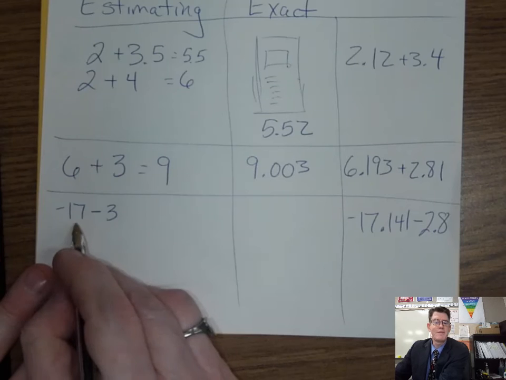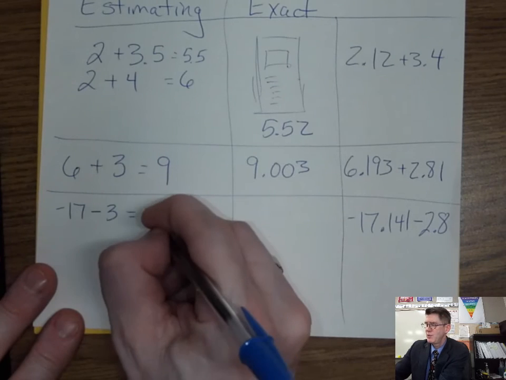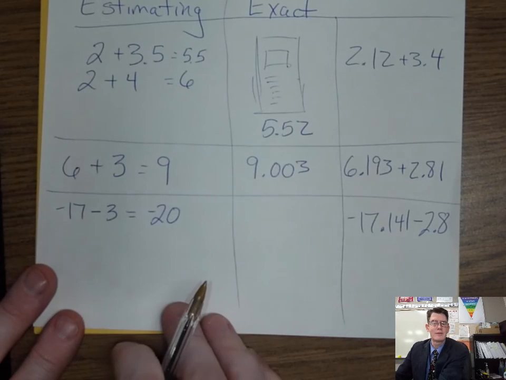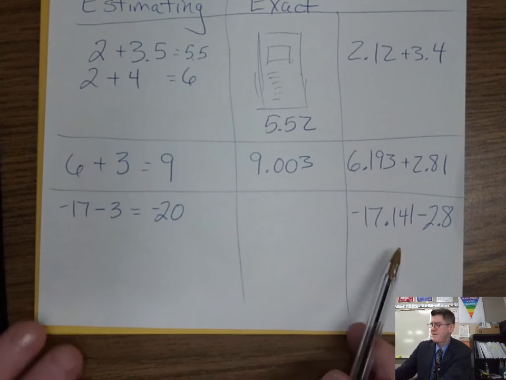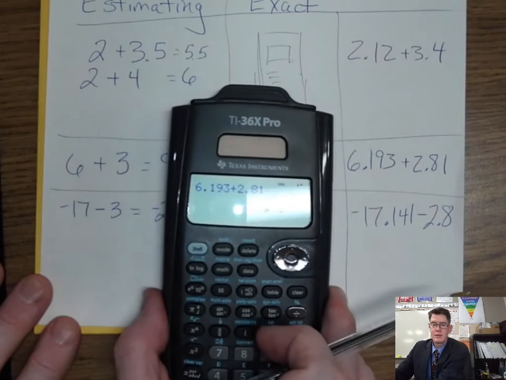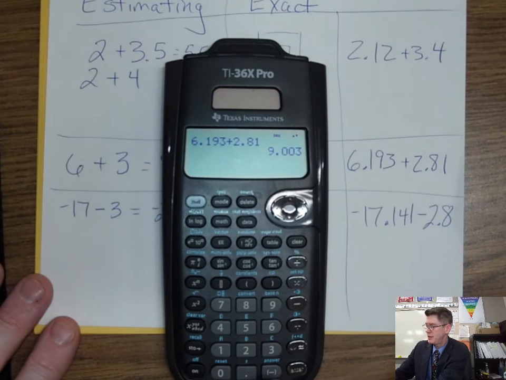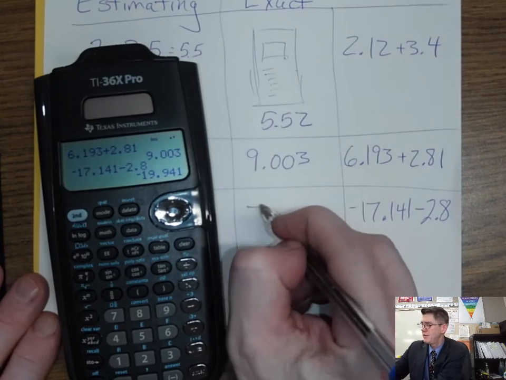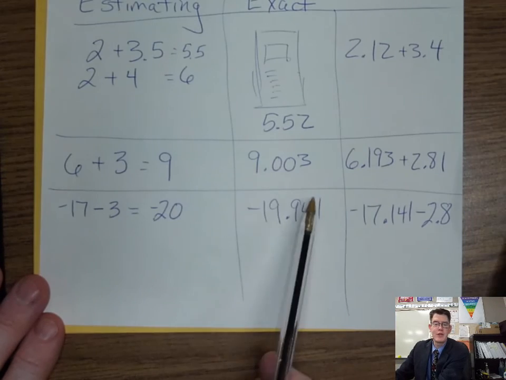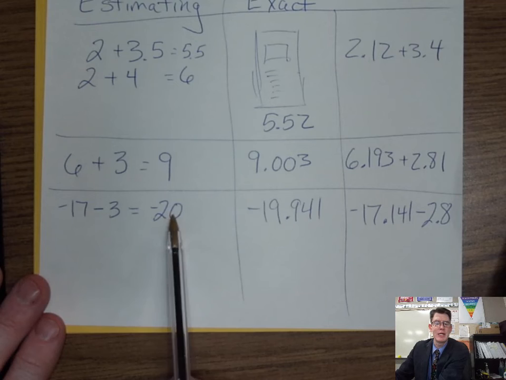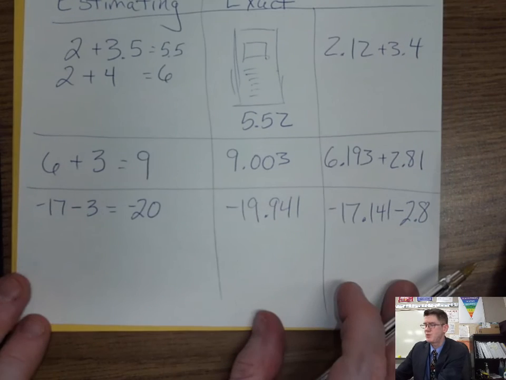So negative 17 minus 3, we've learned from previous lessons, that's negative 20. Now to find out what this really is, type in negative 17.141 minus 2.8, negative 19.941. And then you can look at these and you can see if your estimate is close. And yes, it's really close.